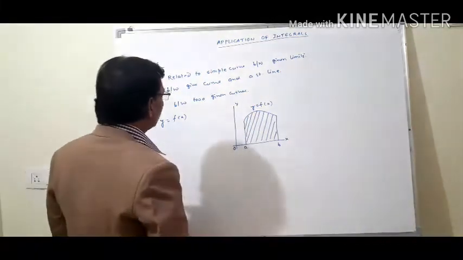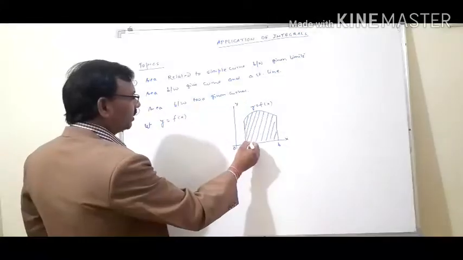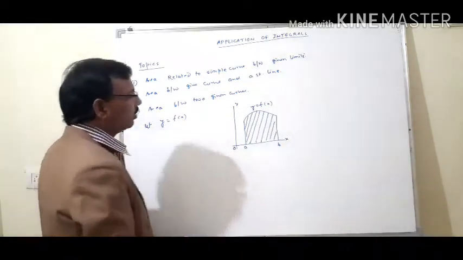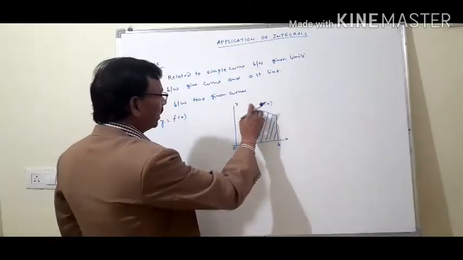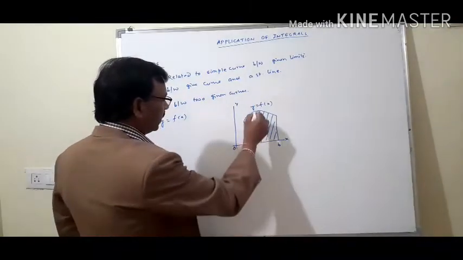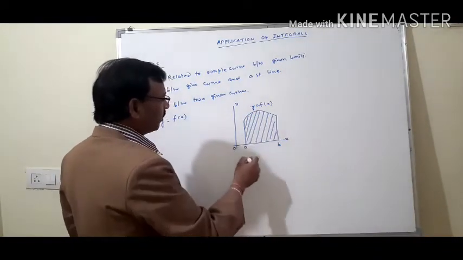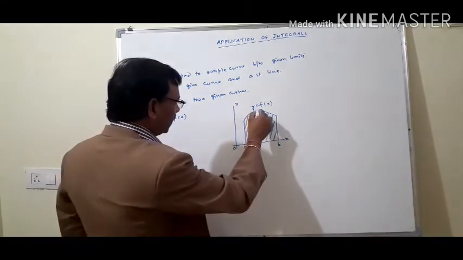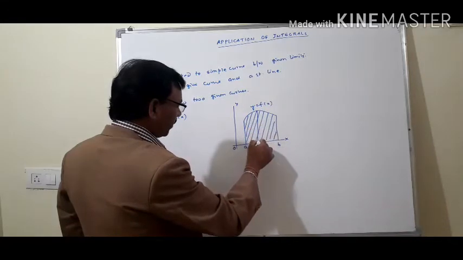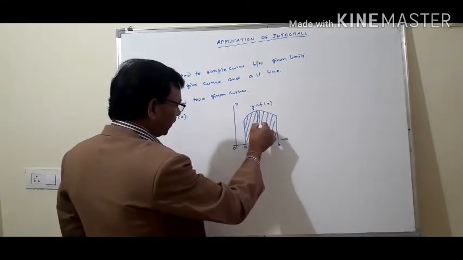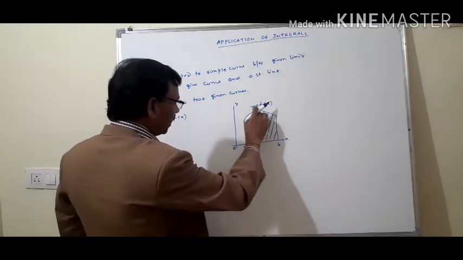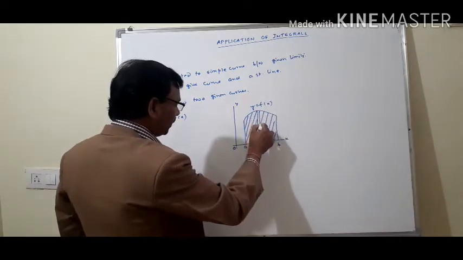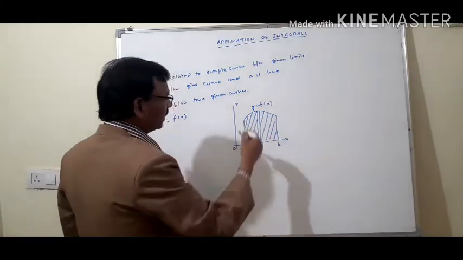to B. For this, first we should divide this whole region into small rectangular strips which will be perpendicular to the x-axis or parallel to the y-axis. Suppose this type of strips are drawn into the whole region.